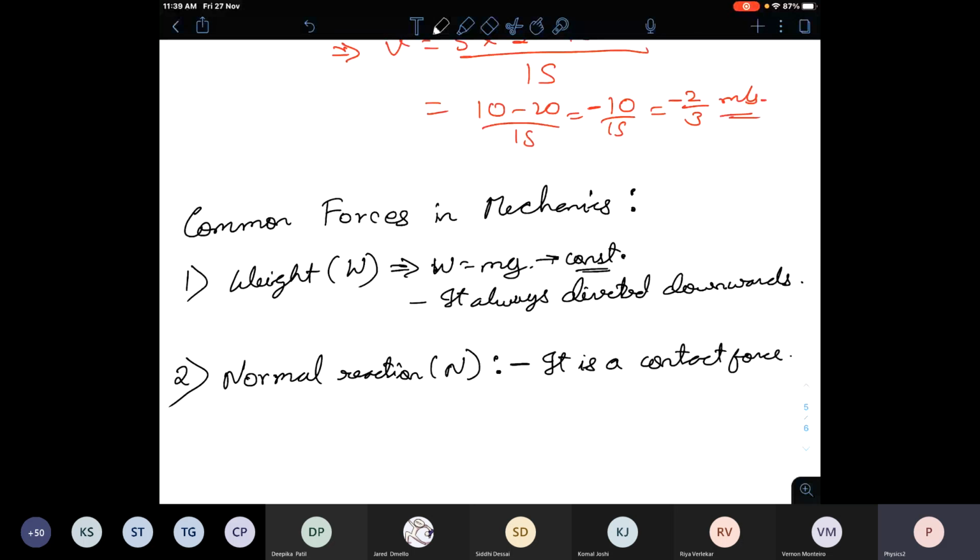Why contact force? Because if there is no contact, there won't be any action. Whenever you are applying a force, you need contact with the block or object. So if you create action, reaction will be created, and that will be called normal reaction. So contact is required. Whenever there is a contact, there will be a reaction force.